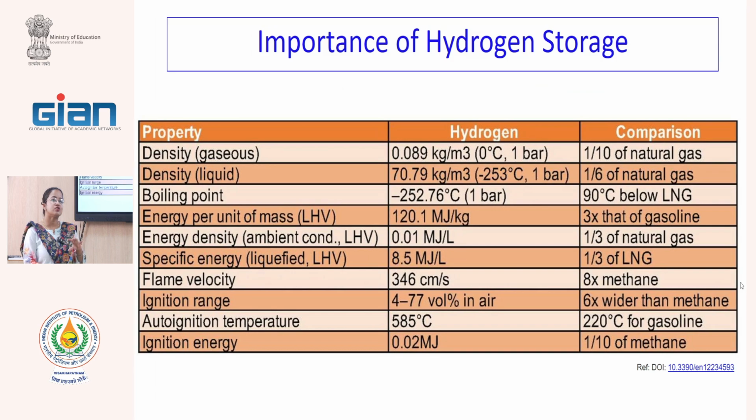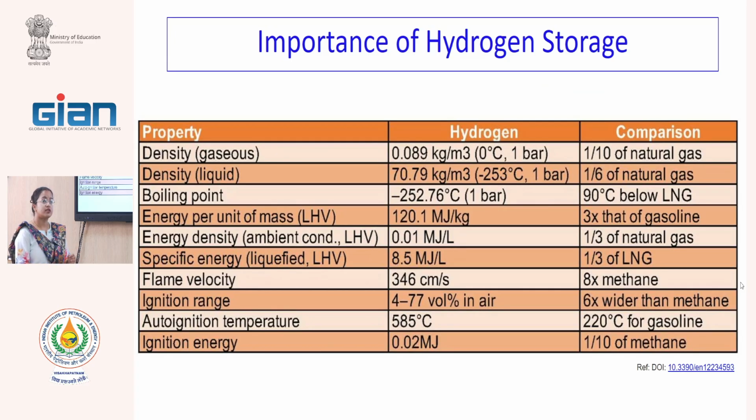So, per kg of hydrogen we can get 3 times the energy of gasoline. But how is the volume per kg of hydrogen? That is also very huge. So, we need a huge container if we want to store it in a gaseous form or in the molecular liquid form. That is why it is very important to store it properly.